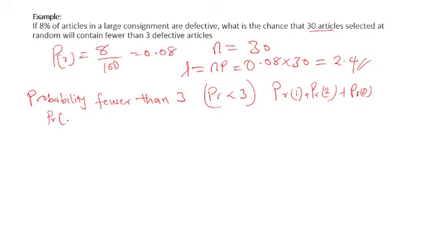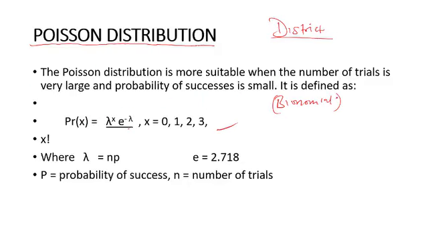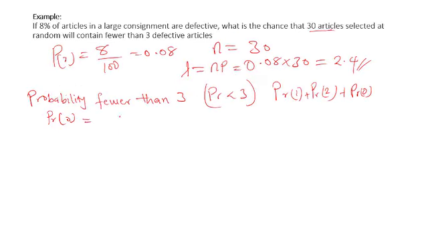Probability of 0: don't forget the equation for the Poisson distribution, we stated it as lambda raised to the power x, e raised to the power minus lambda, all over x factorial.